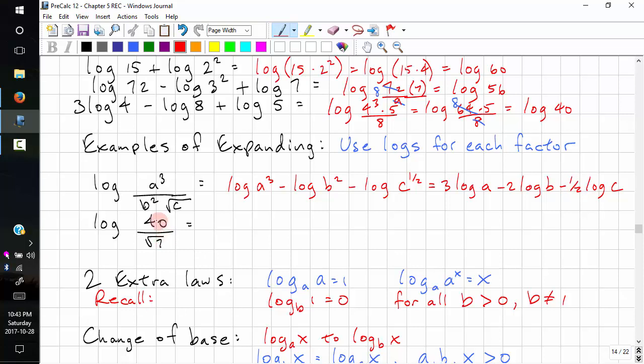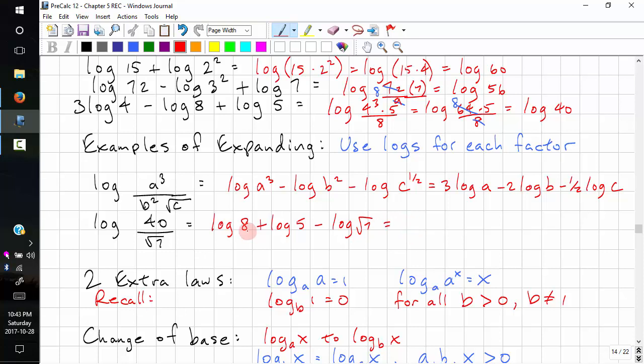Okay, if we have just numbers, then we have to do prime factorization. 40 is 8 times 5. So that means we're adding logs and we're subtracting log square root 7. 7's a prime factor, 5's a prime factor, 8 is not a prime factor.